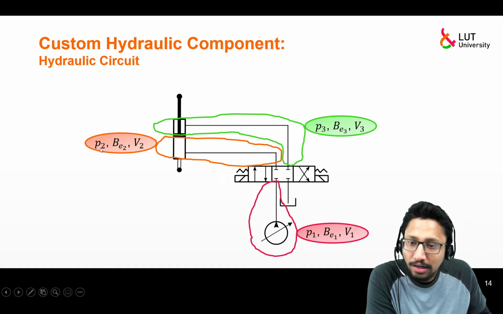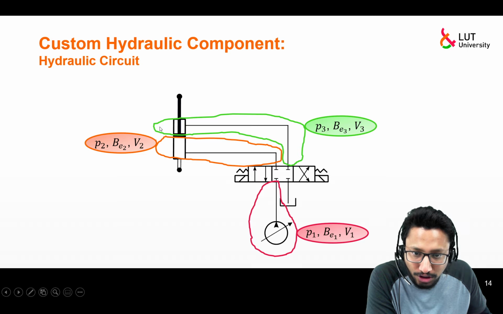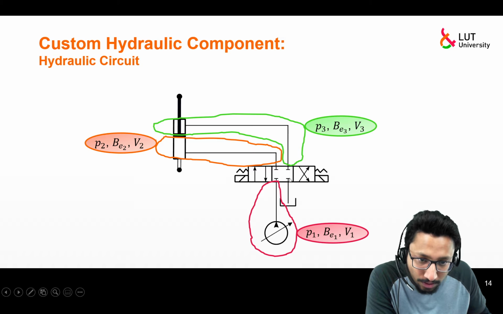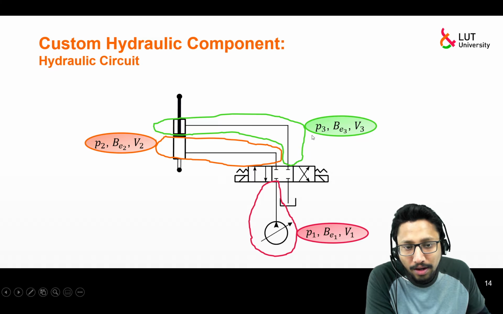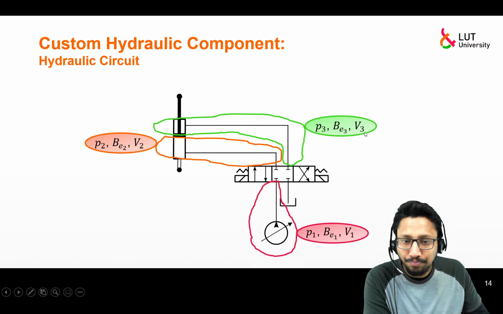We call it P2, E2, V2. And there will be a third section, which comprises the piston rod side of the hydraulic actuator and the connecting hoses, and it will have associated pressure, effective bulk modulus and volume.